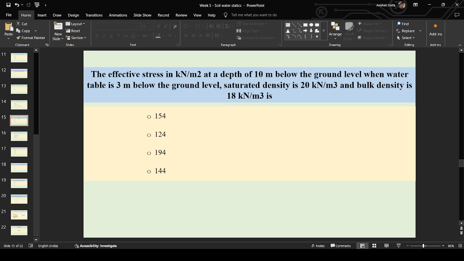Find out the effective stress at 10-meter depth. Okay. Next question.